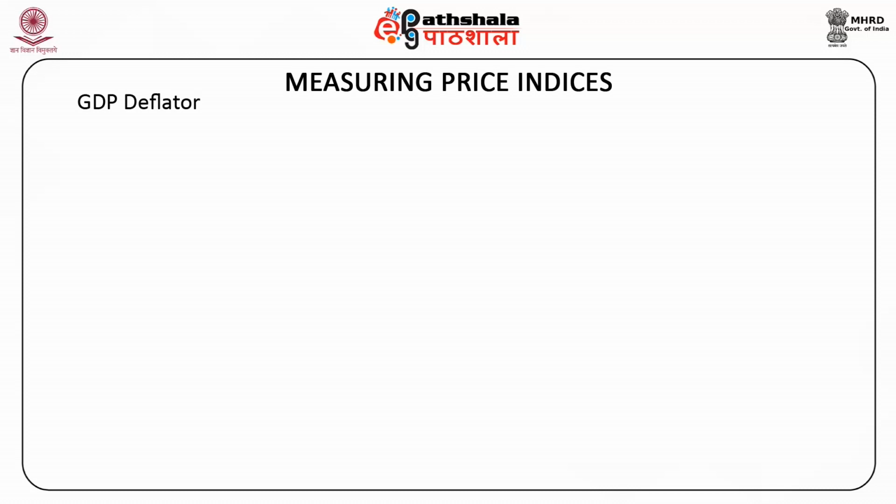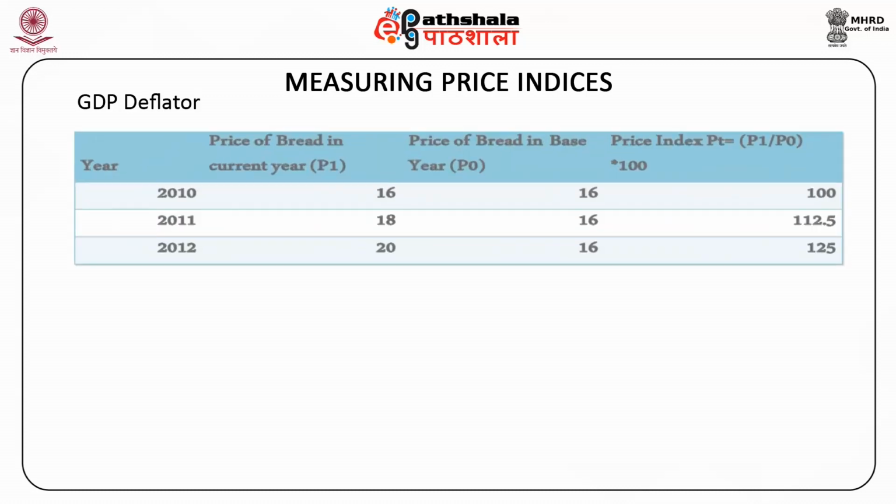Let us now understand how the GDP deflator is computed with the help of an example. This table gives an example of price of bread in the years 2010 to 2012. Suppose we have to compute the price index in each year using the base year prices of 2010.